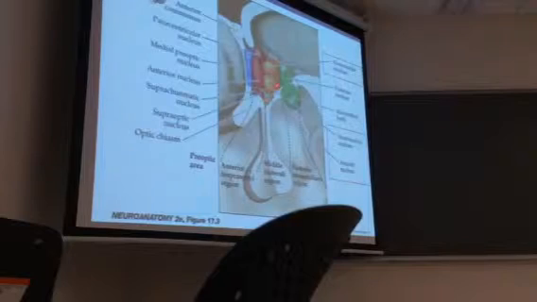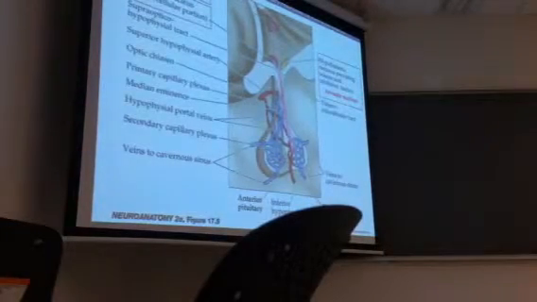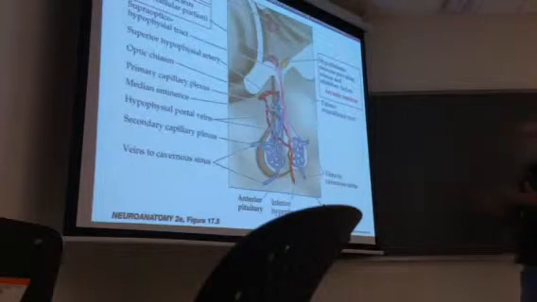The middle group with the dorsal medial, the ventromedial, and the arcuate, and the posterior group. So it's pretty straightforward. So let's start looking at what goes on with signals coming from the hypothalamus to the pituitary.